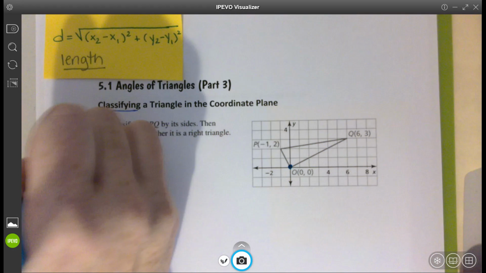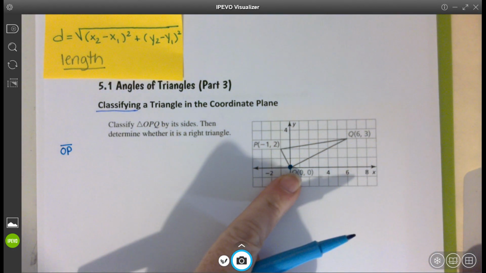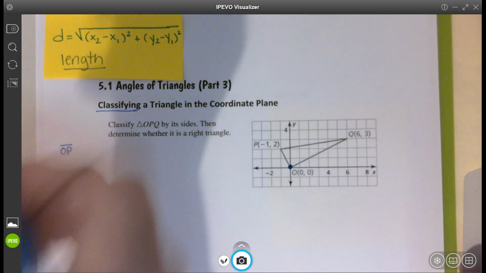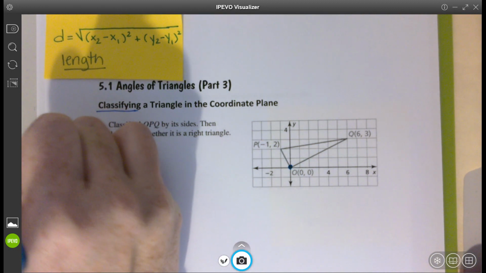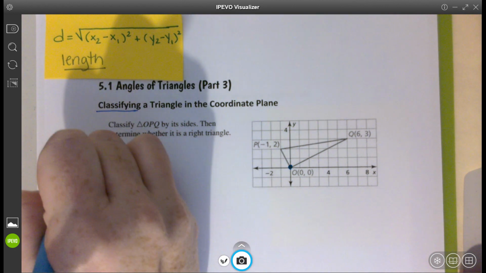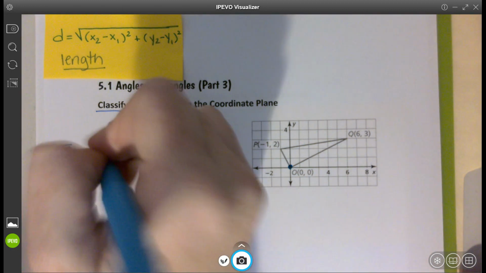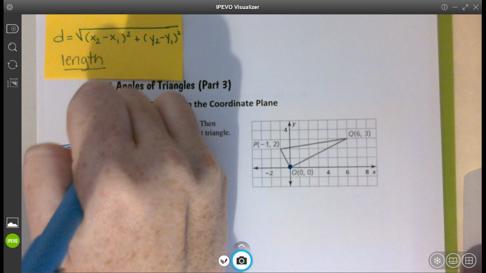So OP is the first segment I'm looking at. And I'm going to use the distance formula, and I'm going to plug in like I've shown before. So my ordered pairs are 0, 0, and -1, 2. Again, I like to stack them so then my X's are lined up, my Y's are lined up, and plug into my distance formula.